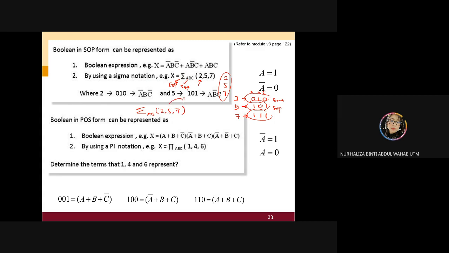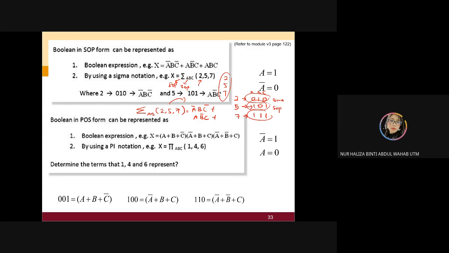So please convert it to a Boolean expression. Then you will get A bar, B, C bar for 2, where A is 0, B is 1, C is 0. Plus A, B bar, C for 5.